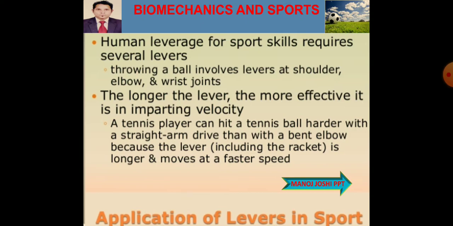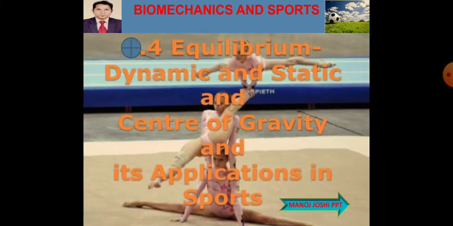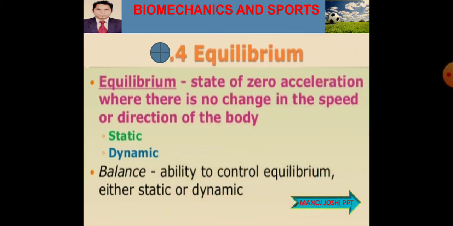Another topic we will discuss next is equilibrium. Equilibrium and its types, dynamic and static equilibrium, center of gravity, and its application in sports we will discuss now. First we will come to equilibrium. Equilibrium is a state of zero acceleration where there is no change in the speed or direction of the body.